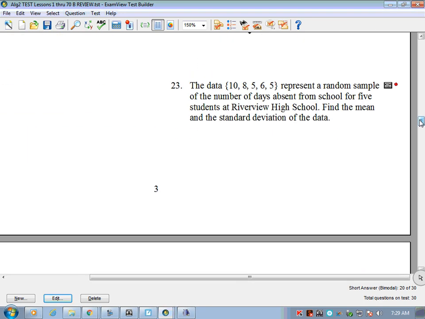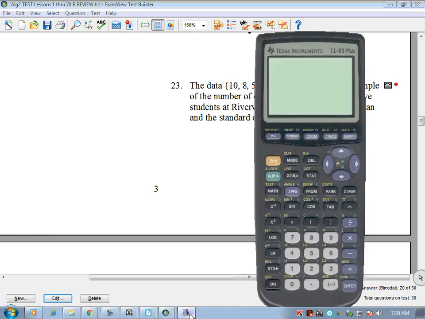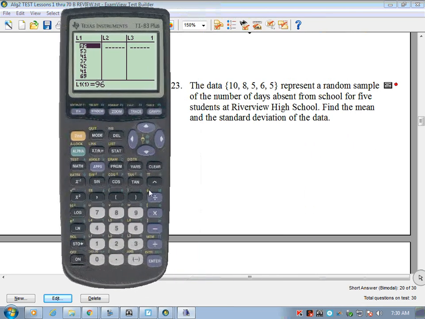Okay, 23. The data 10, 5, 8, 5, 6, 5 represents a random sample of days absent from the school for 5. Find the mean and the standard deviation of the data. All right, so we're going to go back to our stat list. Let's edit our list. I'm going to show you what I think is the easier way to do this. 8, 5, 6, 5, and you have all this other data that we're going to hit delete, delete, delete, delete.